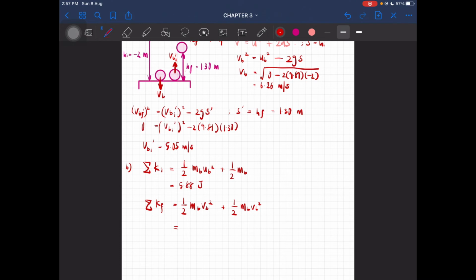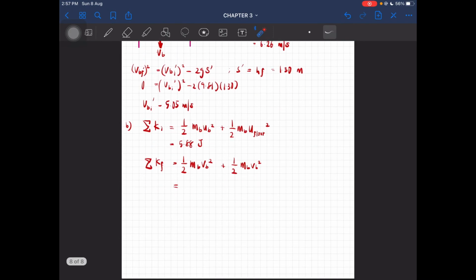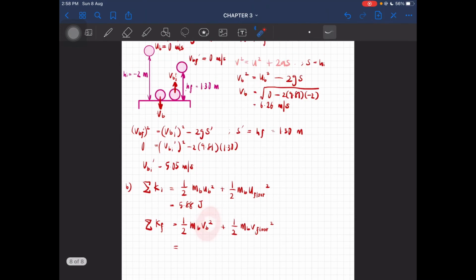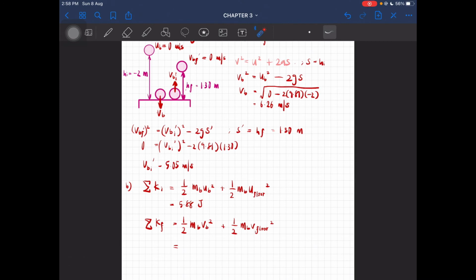For the floor I would just write floor squared. Obviously this directly equals 0, and the final speed of the floor is also 0. For the ball's final we use the one that we found.